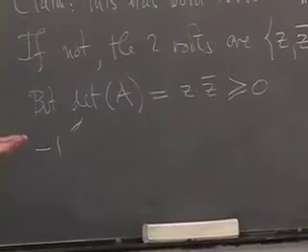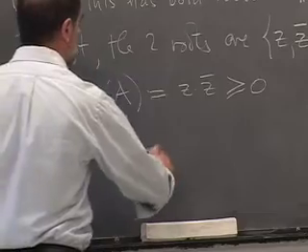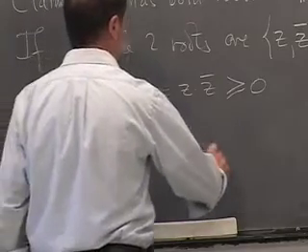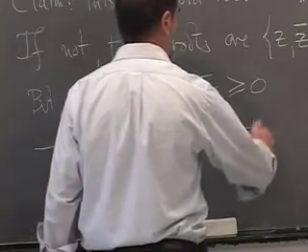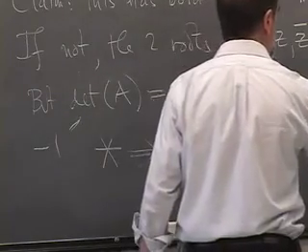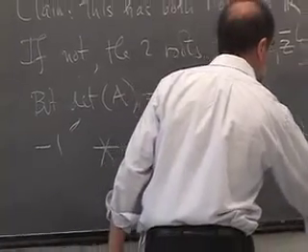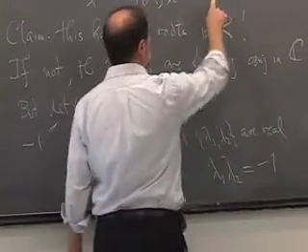So therefore, we get a contradiction. This implies the two roots are real. Let's call them lambda 1 and lambda 2, which are real. And their product is equal to minus 1, this term here.